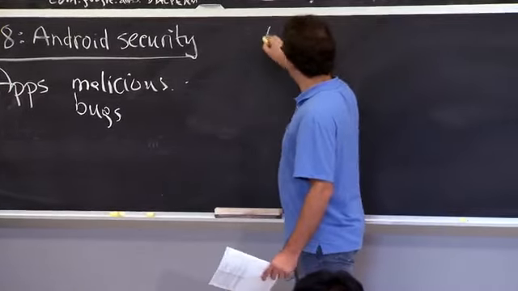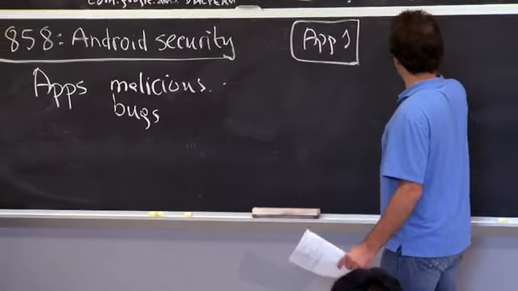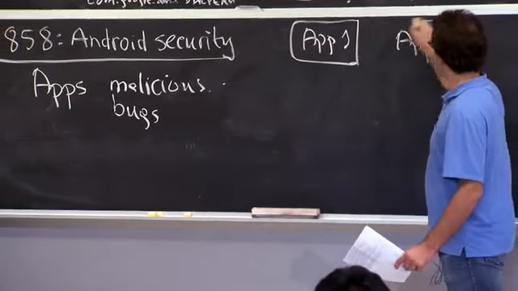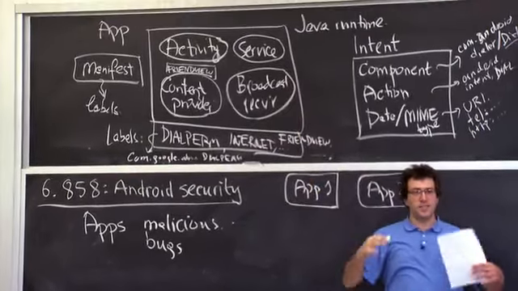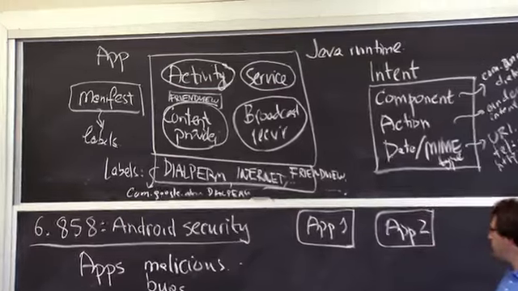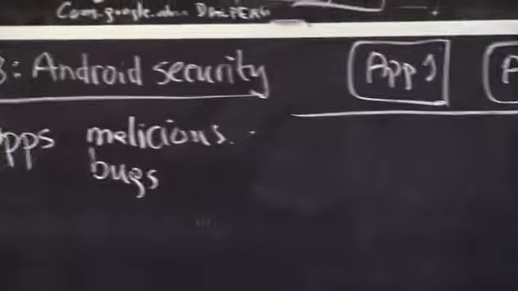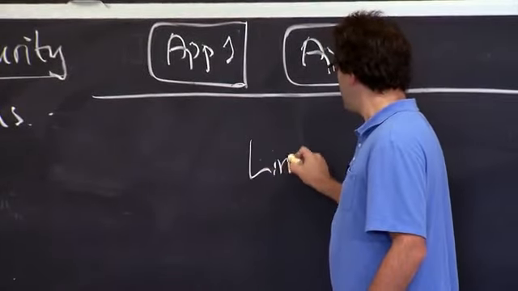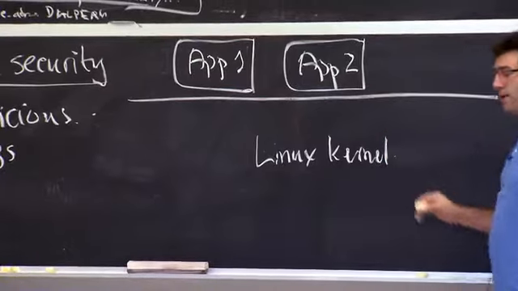So you have one application that's running on Android. Perhaps you have another application. These are all boxes, each a separate application with a bunch of components internally. Of course, these are all processes running on top of the Linux kernel. So that's providing some degree of isolation between the applications.